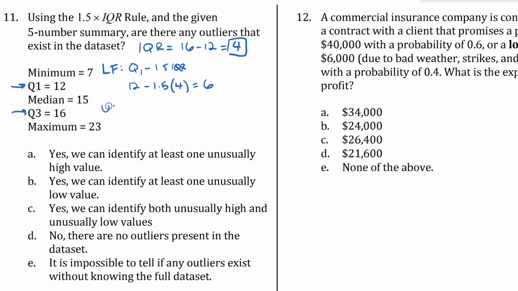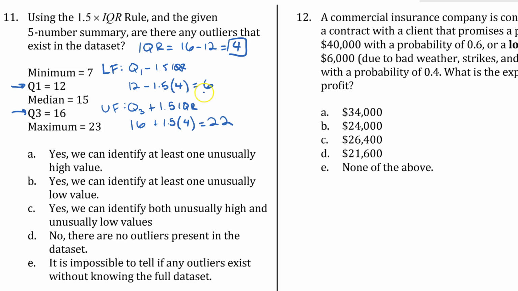Then let's also do our upper fence. This one would be Q3 plus, we're going up, 1.5 times the IQR. So 16 is our Q3, plus 1.5 times 4, again, is our IQR. And in this case, we get 16 plus 6 is 22.